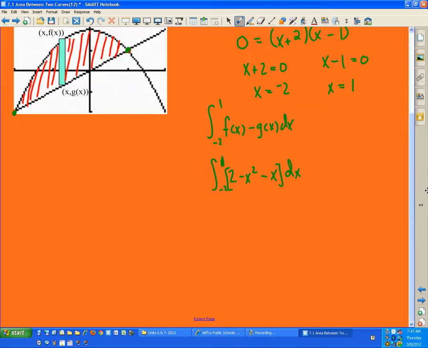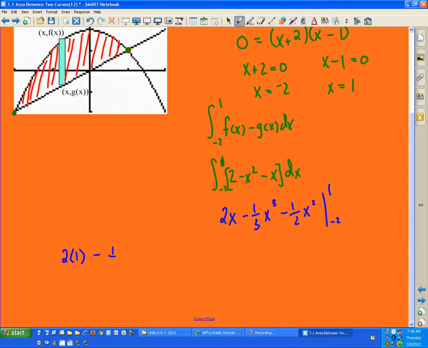Okay, so to integrate this, 2 goes to 2x, negative x squared goes to negative 1/3 x cubed, negative x goes to negative 1/2 x squared, and again we're going from negative 2 to 1. I'm going to move way over here to plug in my values. The upper value is 1, so it's 2 times 1, minus 1/3 times 1 cubed, which is just 1/3, and then minus 1/2.